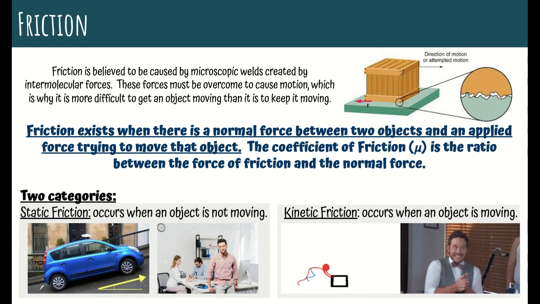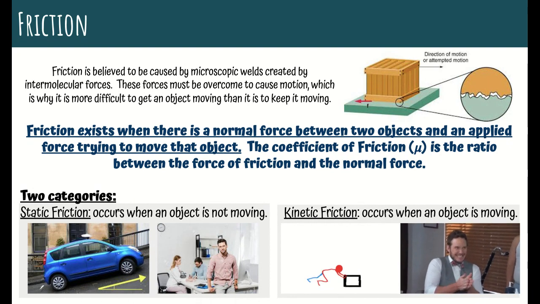Friction is caused by microscopic bonds or microscopic welds that are created by intermolecular forces. So you have these two surfaces. Sometimes they're more rigid, and some of them are more rough than others. Some are smoother, but in any case, you do have momentary bonds forming between the two surfaces.